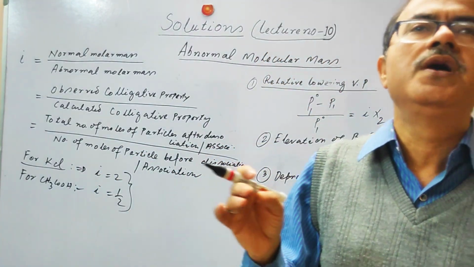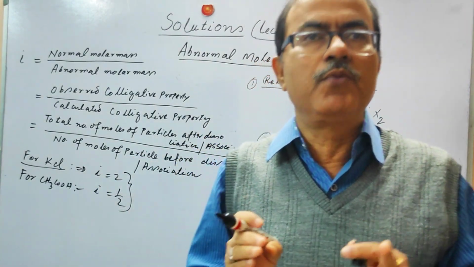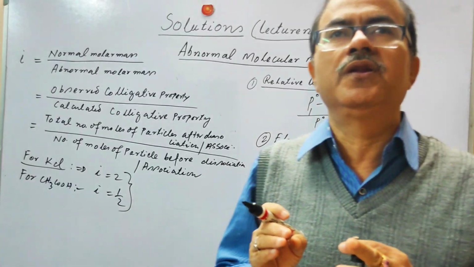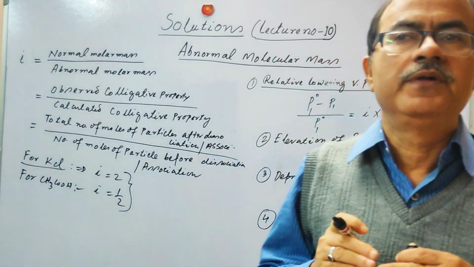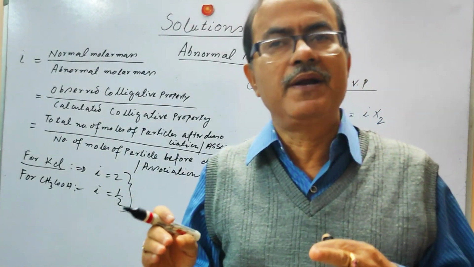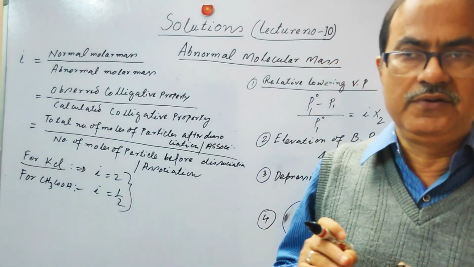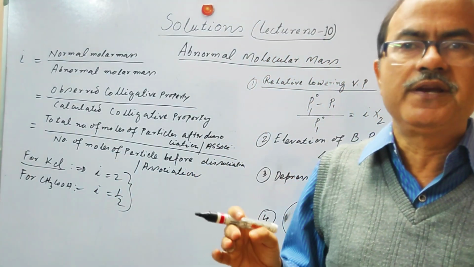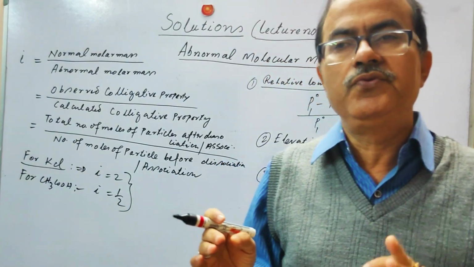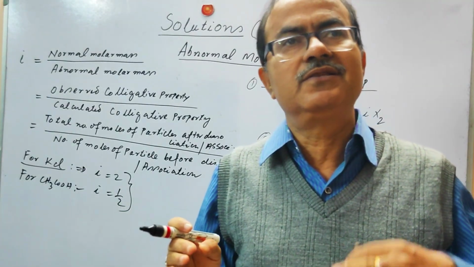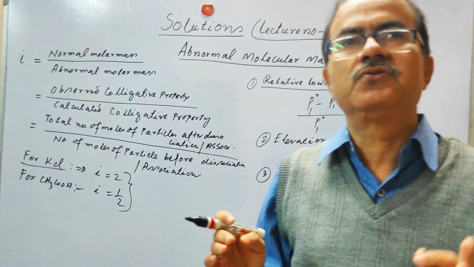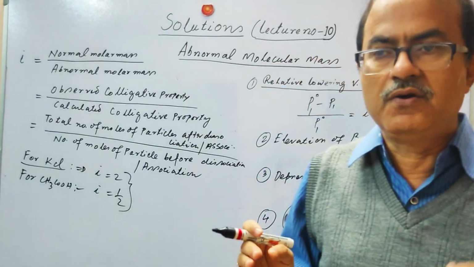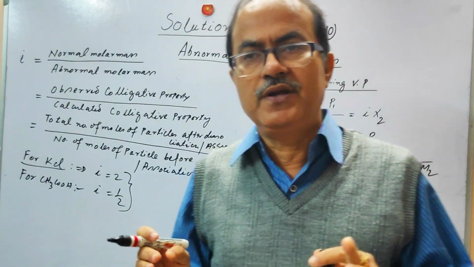It will show an abnormal molar mass, which is not actual, due to the presence of a higher number of particles. There is a variation in the colligative property, and from that when we calculate we will get a wrong result, not a true value. This is called abnormal, and what is abnormality, that we understand.